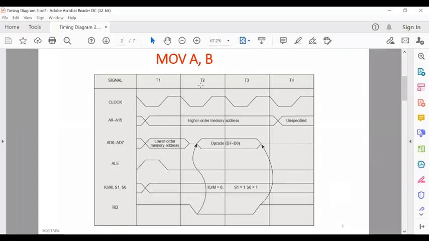That means it has a particular machine code that will be stored in some memory location. So it has one hex code, one machine code.